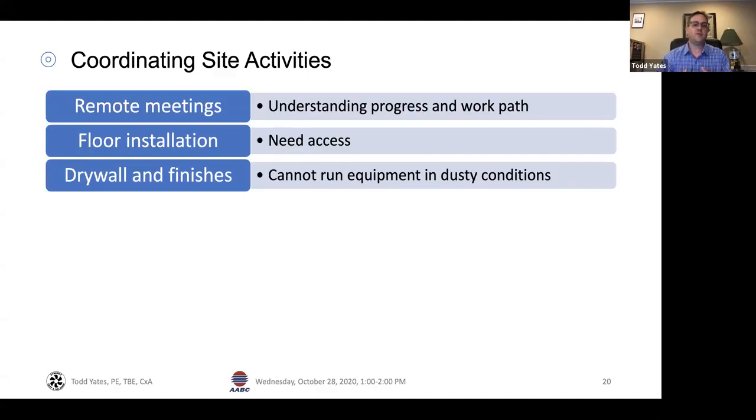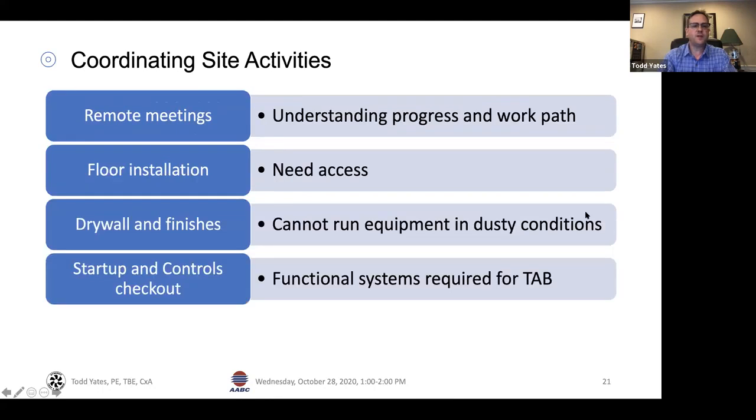It may look like it doesn't overlap, but working with drywall and finishes prevents operation of the HVAC equipment, or potentially damages it by running it in an environment that's unhealthy for it. So by coordinating the site activities, by participating in the remote meetings, being part of this commissioning team, we can make the most of that new process, new relationship there.